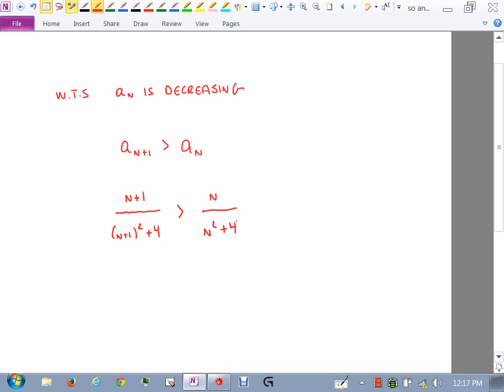That's a sub n plus 1. That's a sub n. You need to come to an inequality that you are happy with and that I'm happy with. I'm not happy with you saying that that's true. You need to show a little more than that. So what could you do here? To convince me that this is true.